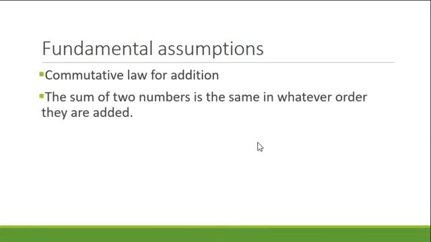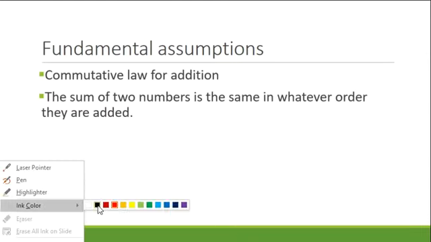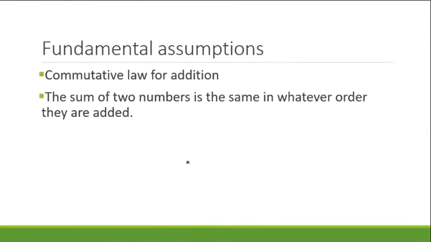Say for example, we have here a number represented by letter A and another number represented by B. So when we add them, A plus B, parehas lang daw ang equivalent dito if we just change the order. Say, B plus A. So parehas lang daw ang value nila. Whatever order that they had, it will give you the same answer.